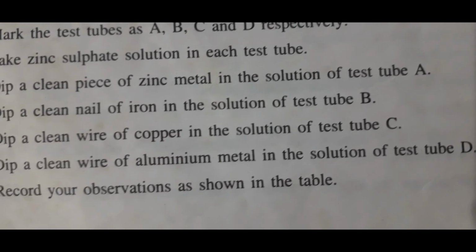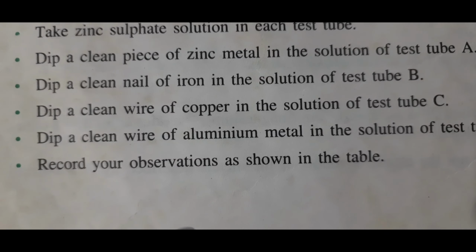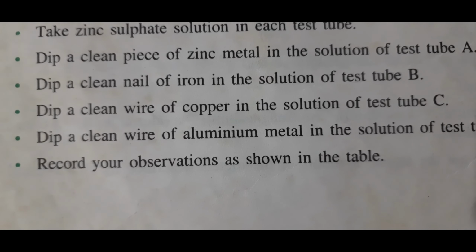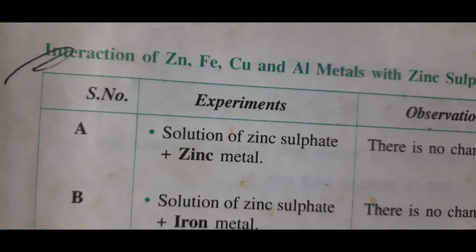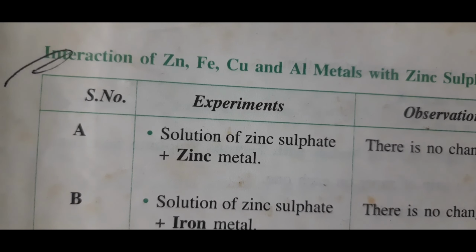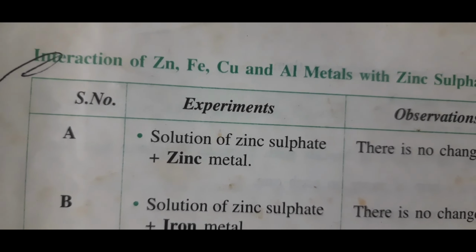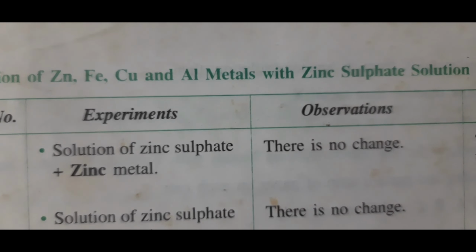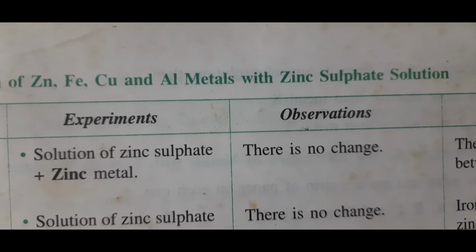Now, after some time, what we will see, we will record our observations as shown in the table. For observations, write interaction of zinc, iron, copper, aluminium metals with zinc sulfate solution.